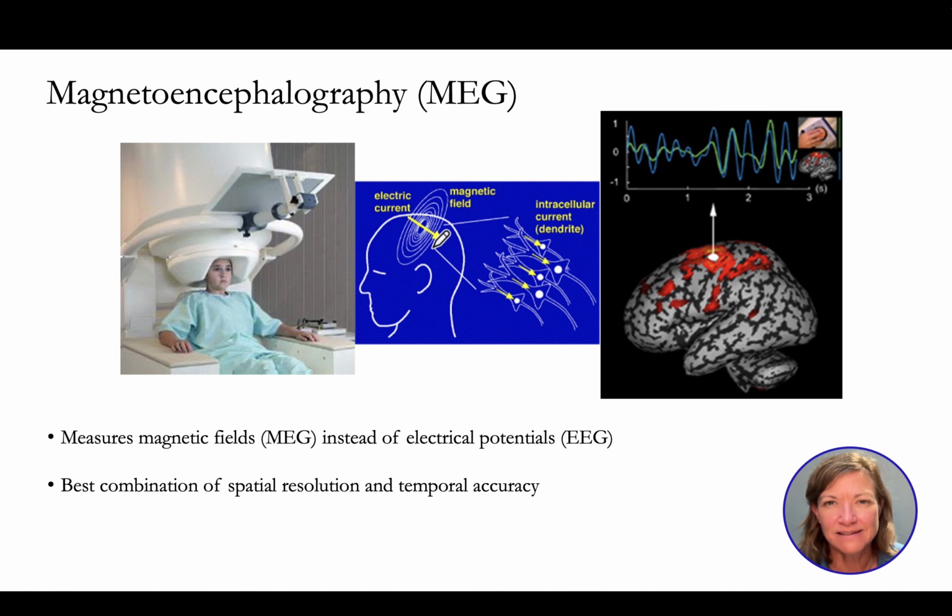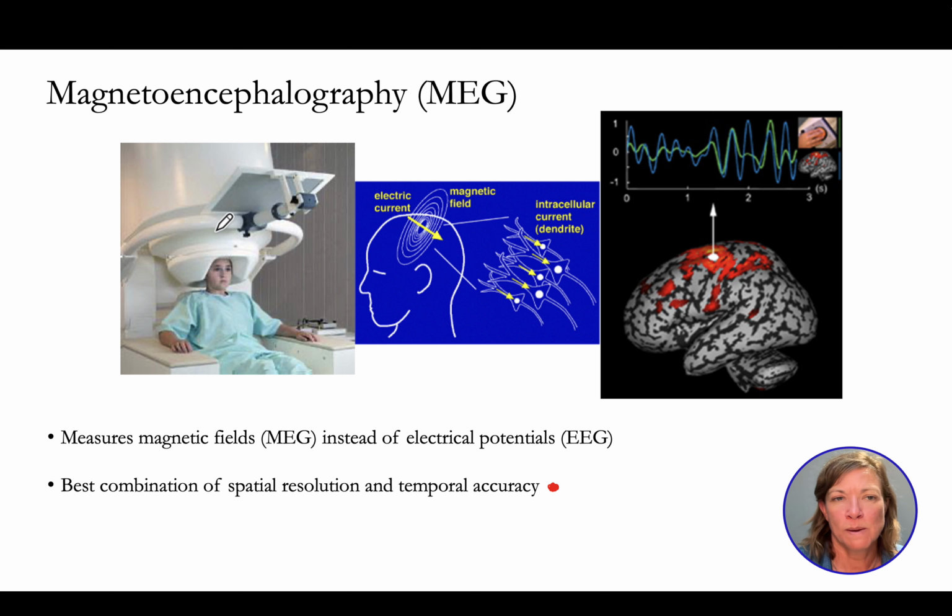So the little tiny magnetic field that the intracellular current produces. You can tell my colleague who uses MEG wrote this slide because he remarks that it's the best combination of spatial resolution and temporal accuracy. We'll debate that, and we'll show you in a moment what that means.